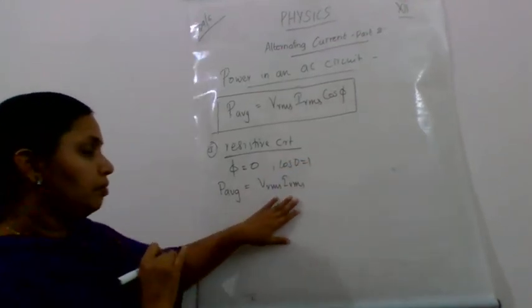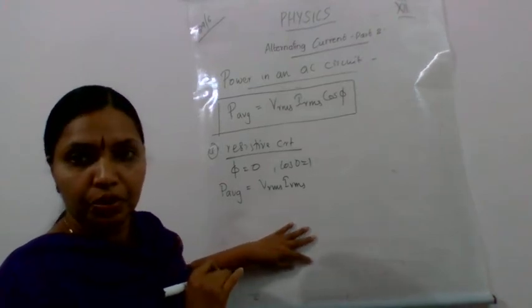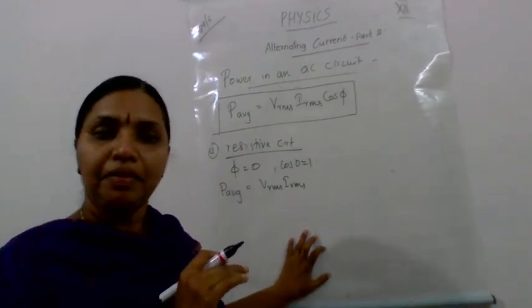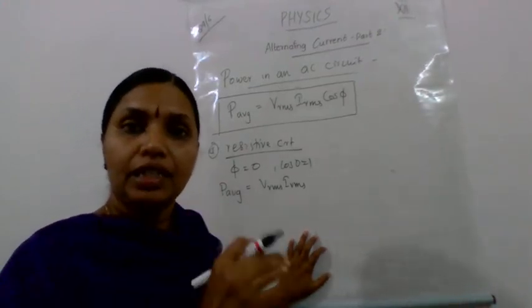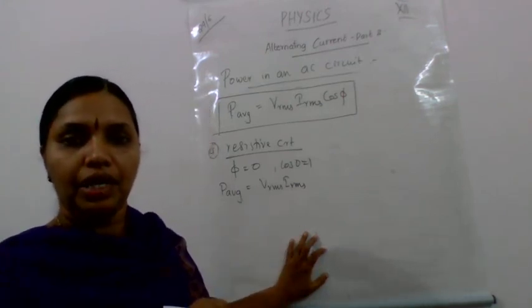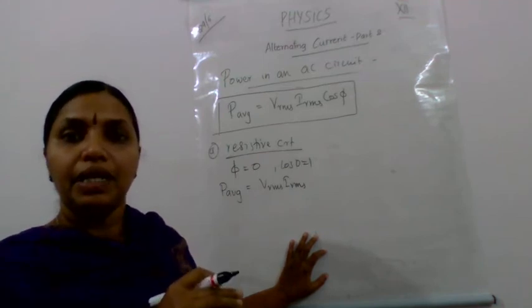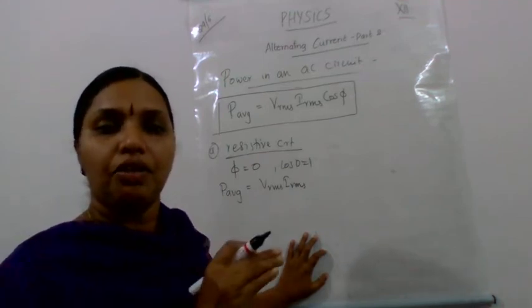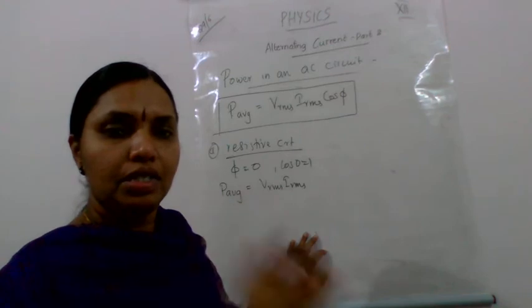So this will be the maximum power consumed. There will be maximum power consumption when AC passes through a purely resistive circuit.